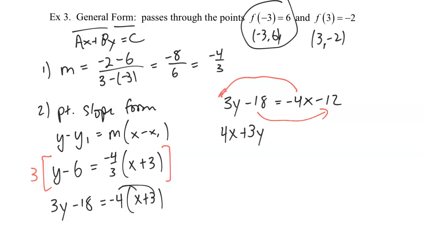And so +18 and -12 is going to give me a right-hand side of 6. And so since I have this in ax plus by is equal to c form, and my a is positive, so my number in front of x is positive, and I don't have any fractions, that means that I am finished, and I call this my final answer right here.